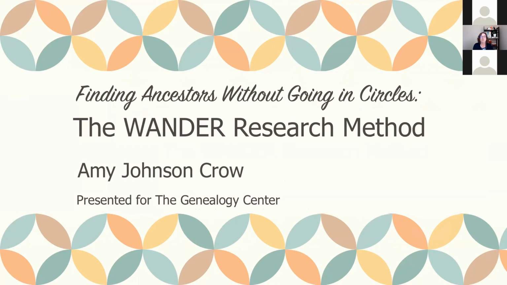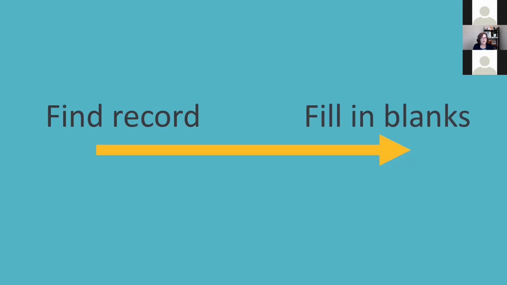It's kind of a universal feeling that we have from time to time. So let's see how we can get past that. Because we're led to believe that when it comes to genealogy, it's a straight line, right? That it starts with find a record and then fill in the blanks.